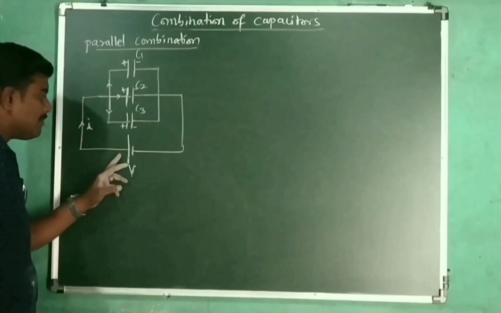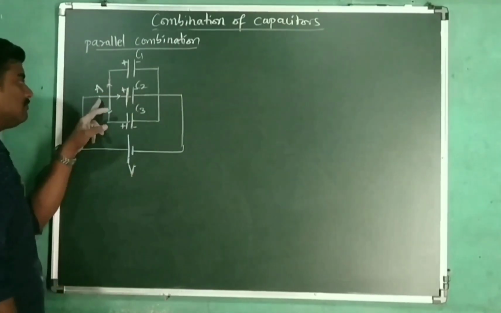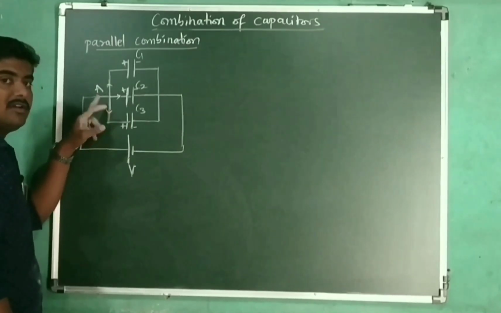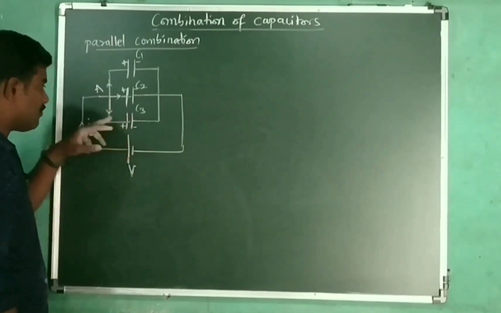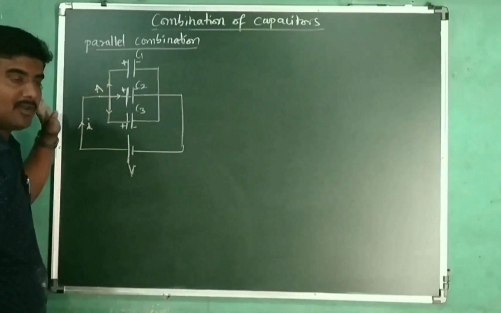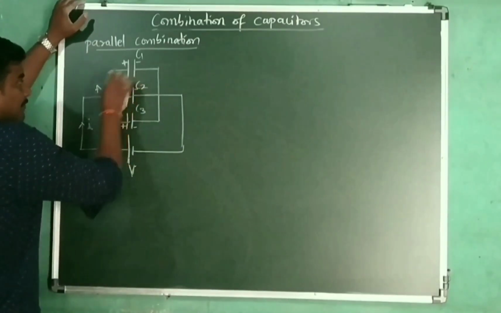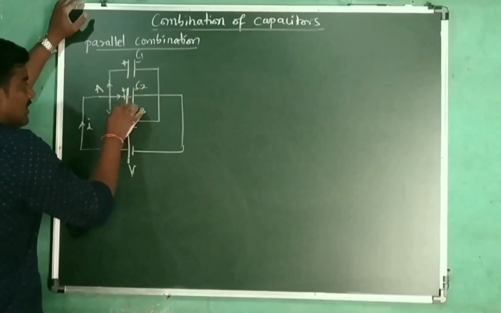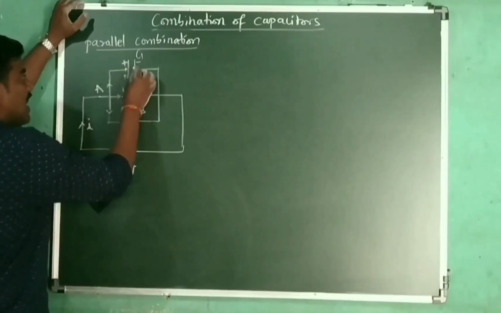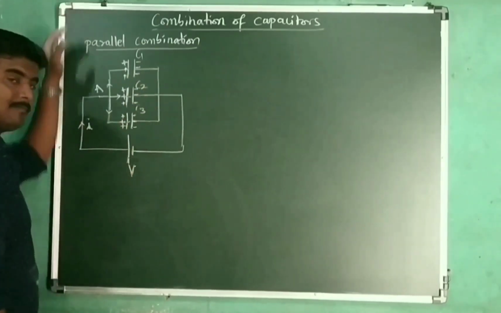Each time a charge comes at this point, say this point is A, that charge will have three different paths, this one, this one, this one. The charge completely fills like this, and these plates become negative.